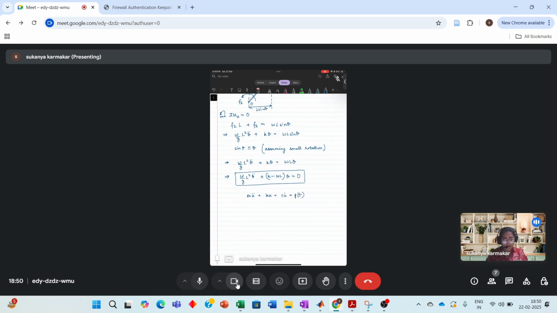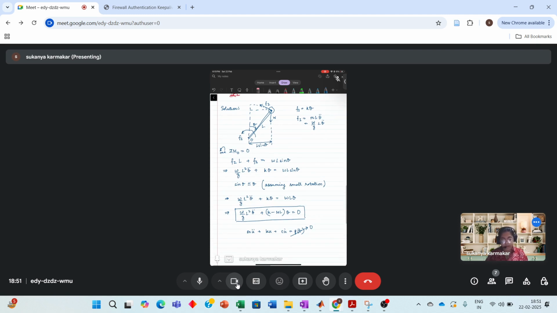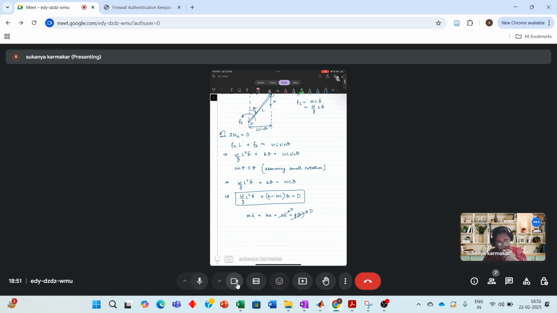Now, if this is a free vibration problem, we know no external forces are acting on the system. And in this question, we did not have any damping, so this was also zero. This term is synonymous with this first term, and this term is synonymous with this second.